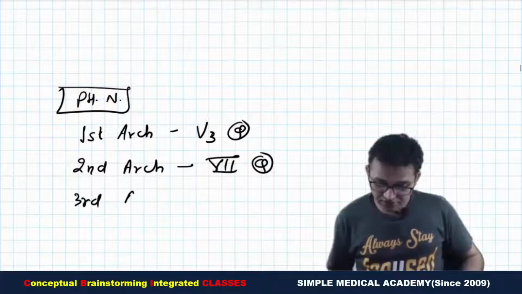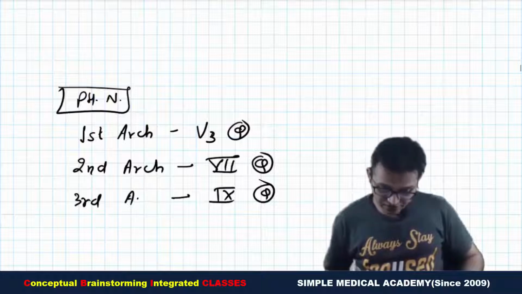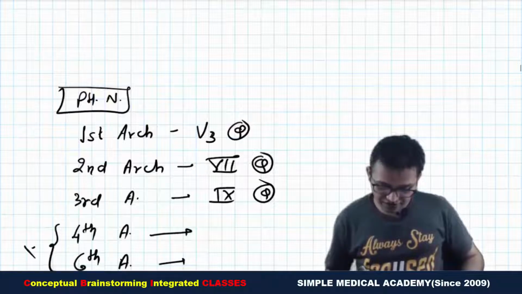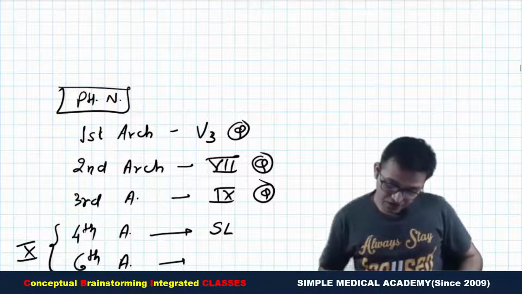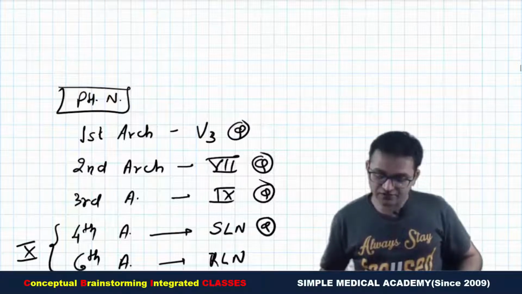Then the third arch nerve, your answer is the glossopharyngeal nerve, the ninth nerve. Then the fourth arch and the sixth arch nerves, yes, both are vagus, but according to the standard textbook, the better answer is the superior laryngeal nerve and the recurrent laryngeal nerve.